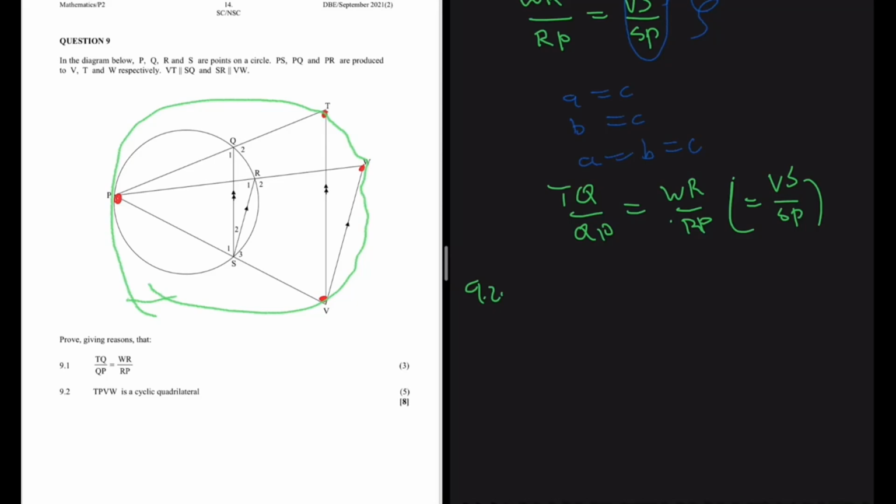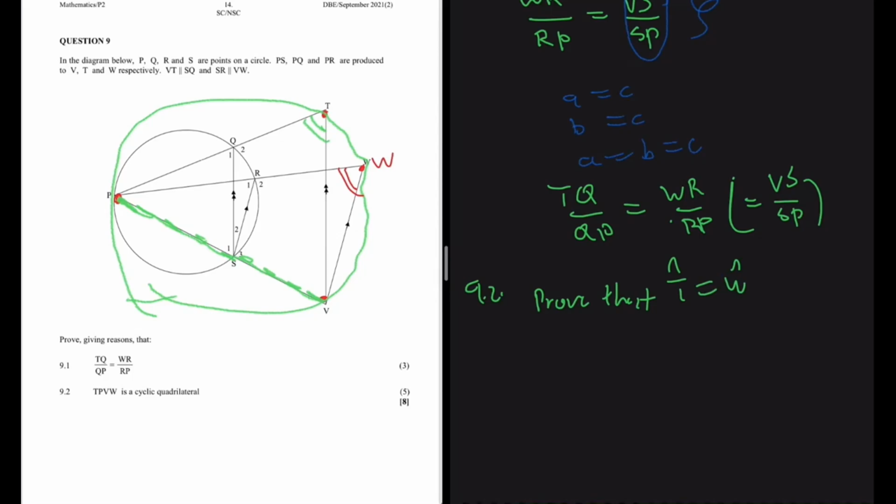So I want you to realize something here. If these points lie on the circumference, then angle T should be equal to, don't forget we have W here, angle T should be equal to angle W, because they are subtended by the same chord PV, right? That's if indeed it's a cyclic quadrilateral. So if we can prove that angle T is equal to angle W, then we've proved that TPVW is a cyclic quadrilateral.